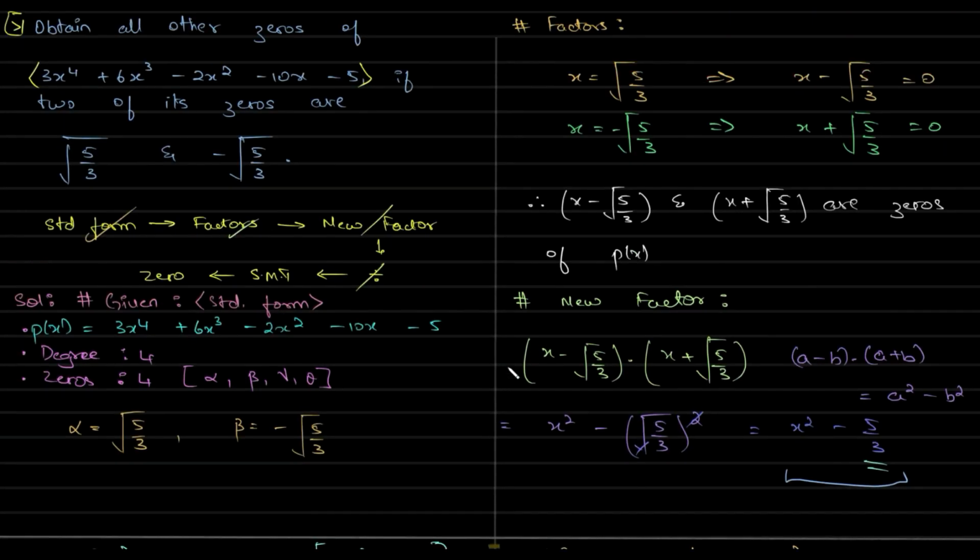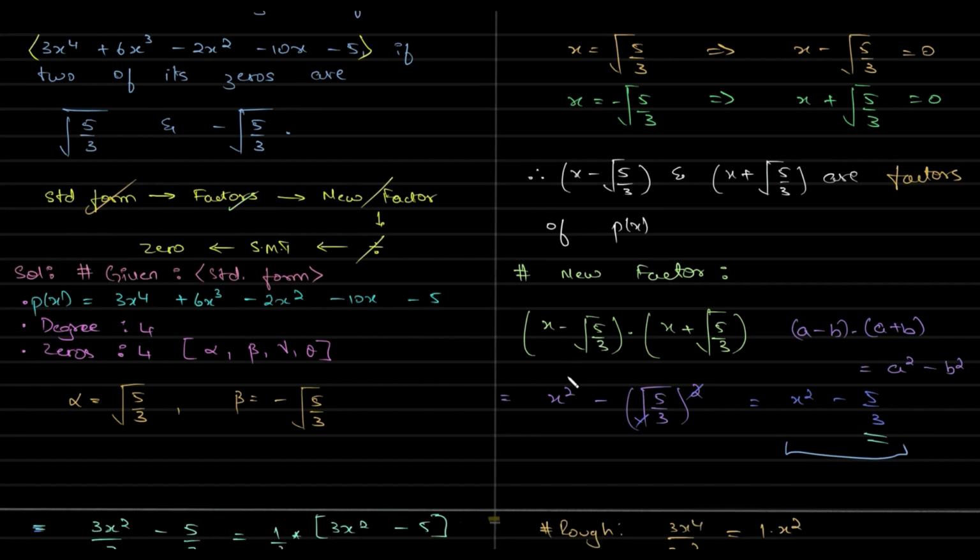So since they are already given that root 5 by 3 is a factor, so I can equate it to x, rearrange it, get an expression which is, okay, no, I've made a mistake. They're not zeros, they are factors. They're factors of p of x. Okay, so these are the factors of p of x.